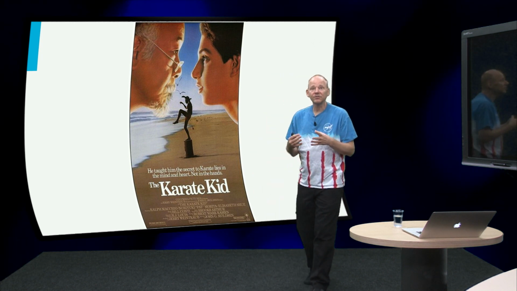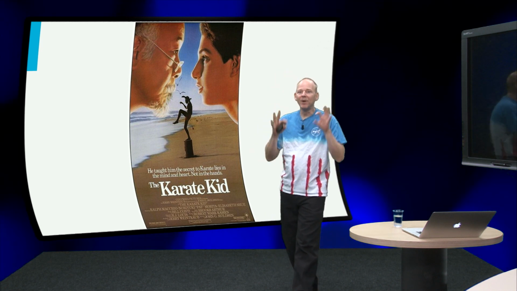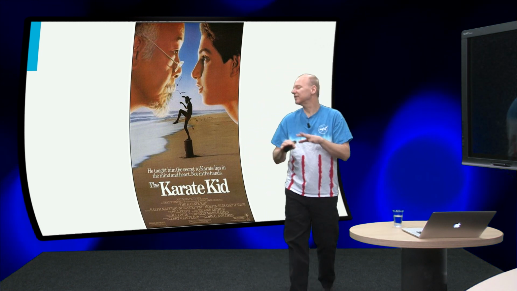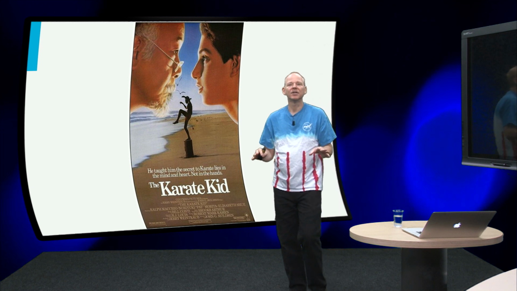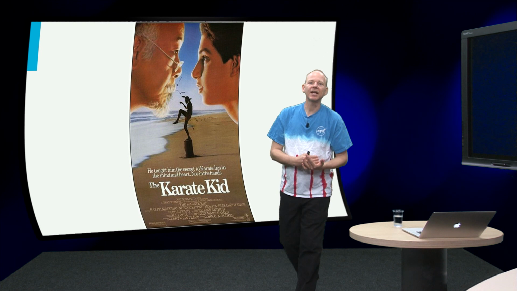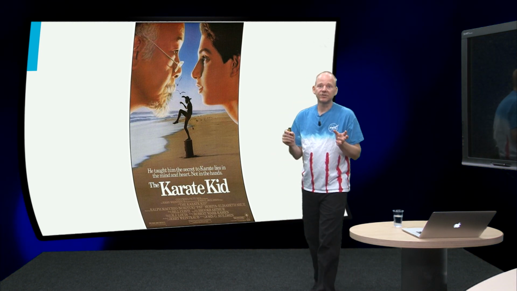But in order to learn something, you have to go through a lot of exercises because there's a lot of muscle memory, or in the case of programming, you have to have the muscle memory in your fingers. There are certain things that you should not have to think about, that you have to drill over and over and over again. And that's what we are going to do in this lecture today.